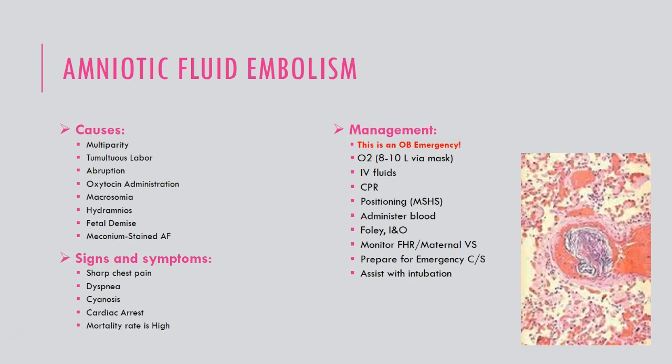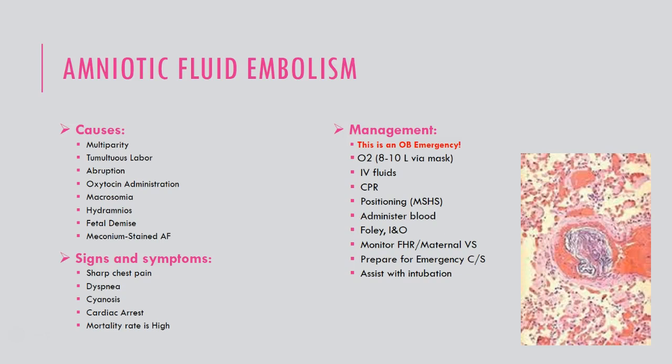These people have a sense of impending doom when it happens. They know that something is happening to them, and it is very, very scary. So you will see that all over their face. And what happens with this bolus is that it gets into the maternal circulation, and then it will travel somewhere that obstructs a pulmonary vessel that starts to cause all these signs and symptoms.